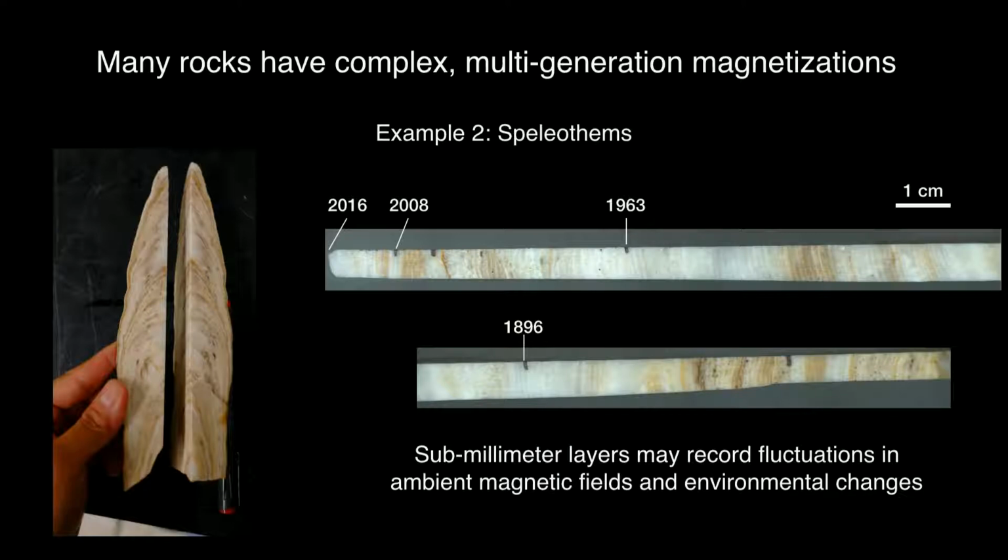But that, of course, also means these changes occur at a fairly small length scale. In this case, you have millimeter or sub-millimeter size annual banding, so you really need to resolve things at a sub-millimeter scale to understand the time series of what's recorded here.